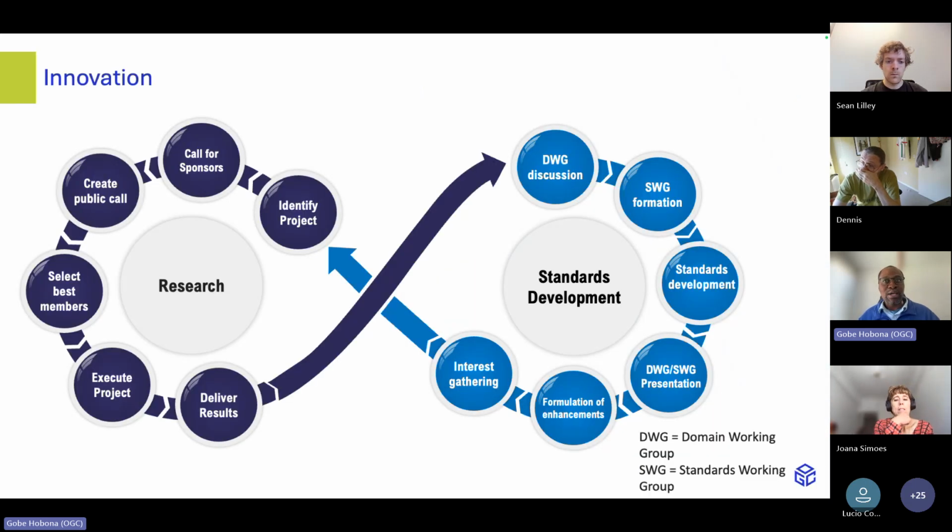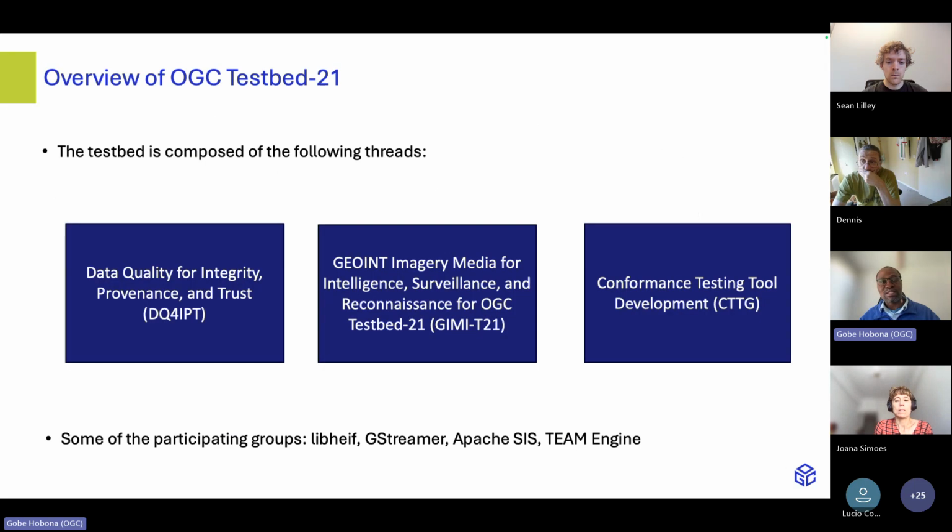And we do this by combining research and standards development work, with the research informing the work that takes place in the standards. The OGC Testbed 21 initiative, which is currently running, includes 3 threads. So this is a research initiative within the OGC.